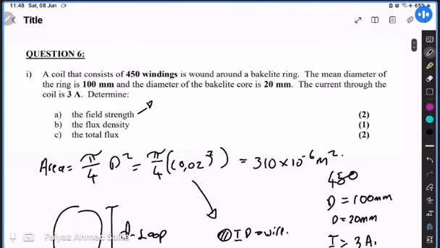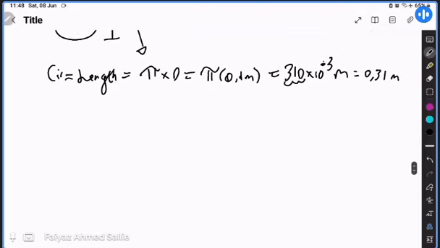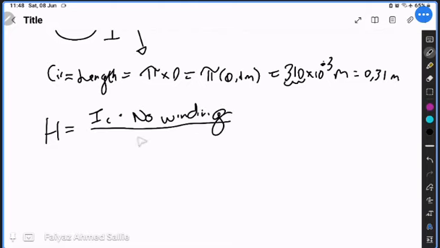Okay, so the first question is field strength. So the field strength is equal to current multiplied by number of windings over the length of the ring.